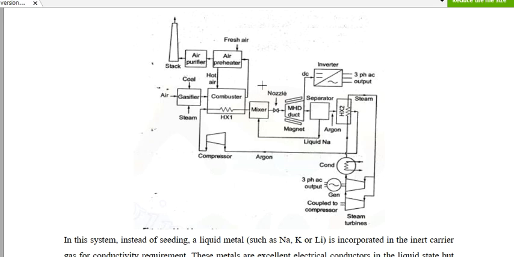So here again the same thing happens. Coal is used to heat the gas, and then molten metal is mixed in it, which is used as the working fluid in our MHD generator. DC power is generated, which is converted to AC via an inverter.